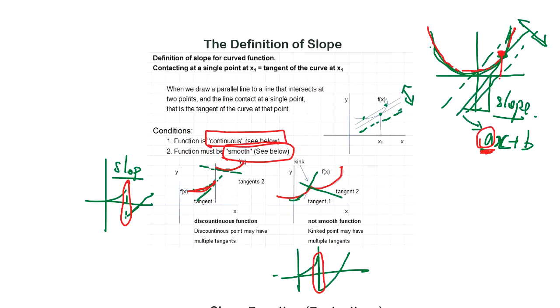Okay, so we will handle only simple functions, but most of them we learn in algebra 2 are continuous and smooth, except for something like the tangent.